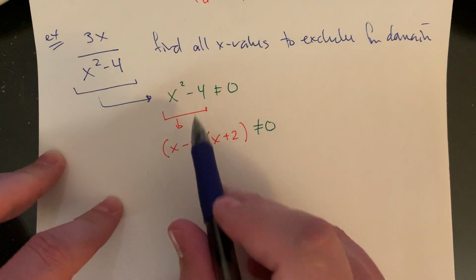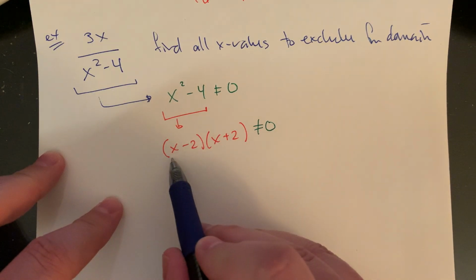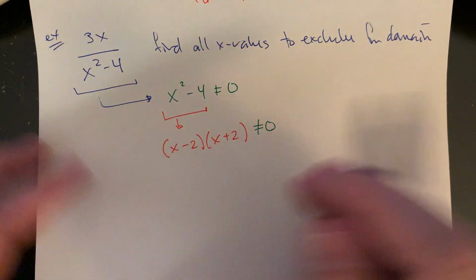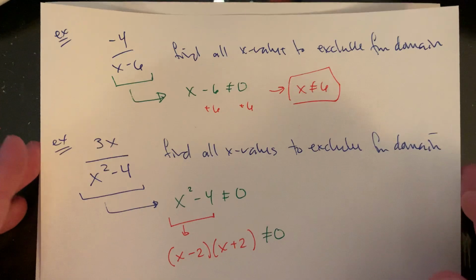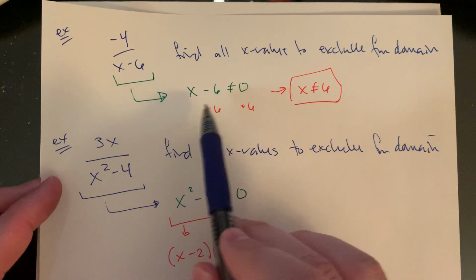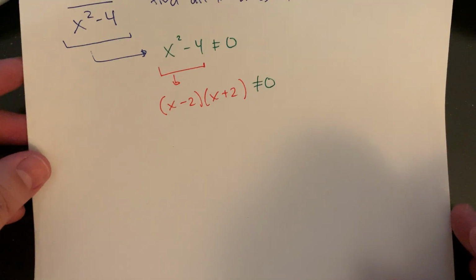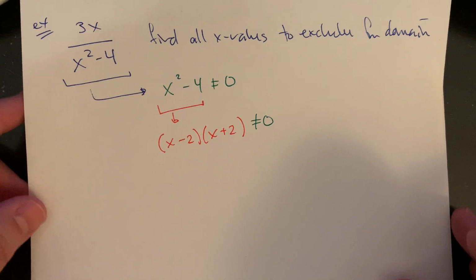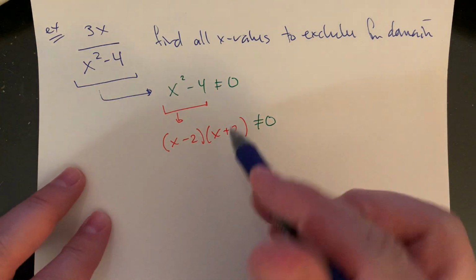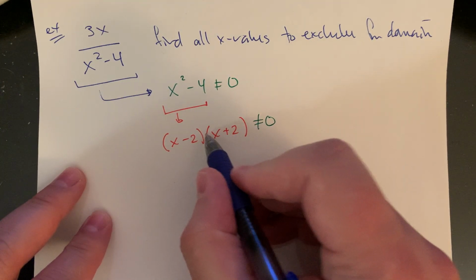So the idea is that if you factor this into 2 chunks, what you get are 2 shorter equations, like what we had up here, right? This was just x minus 6 equals 0, and we could just add the 6 to both sides. The concept here, if I break this into 2, these guys are multiplied together, right?